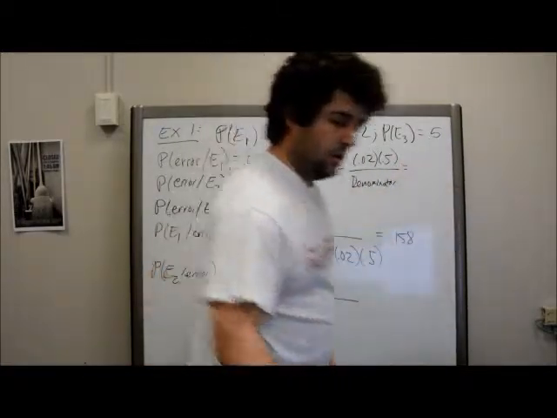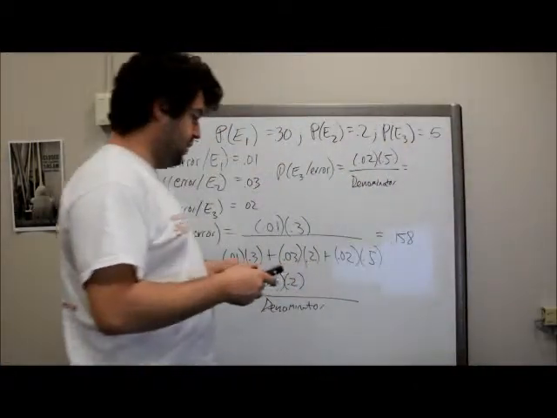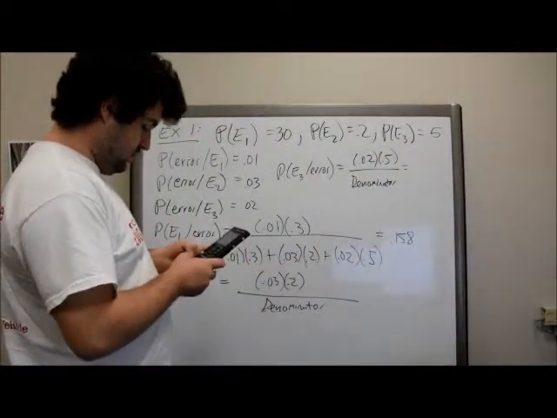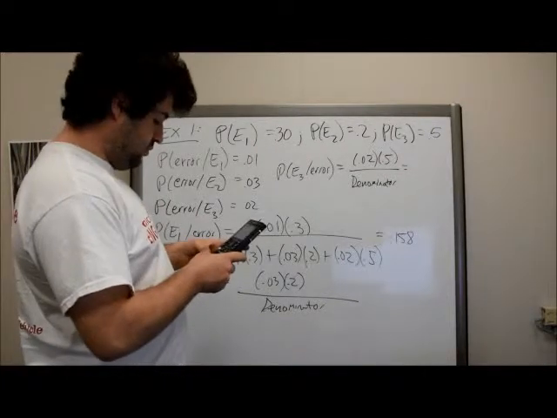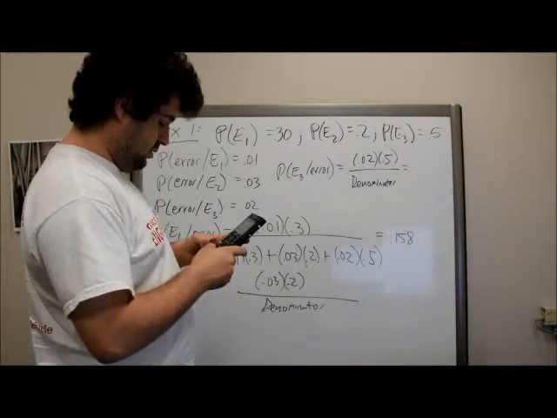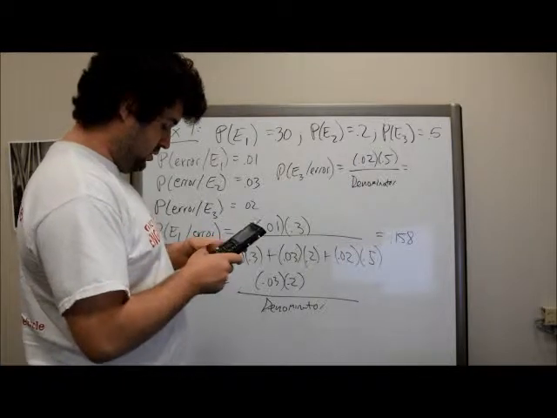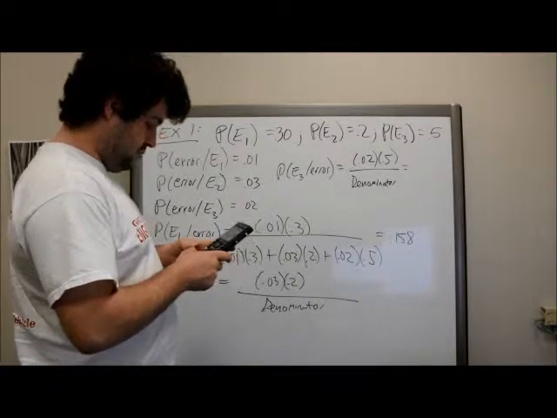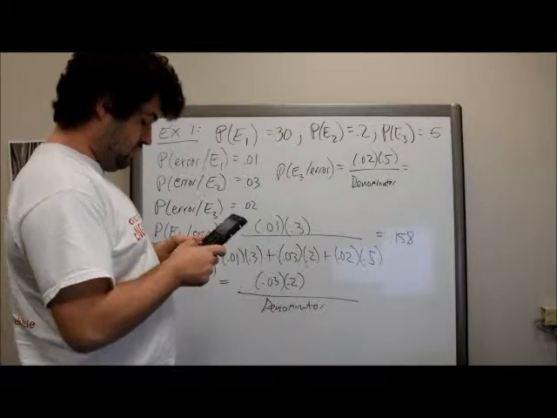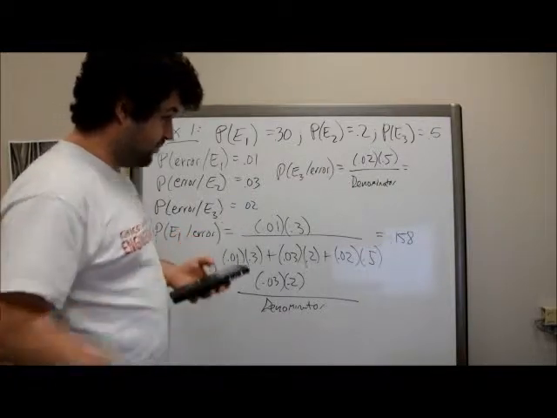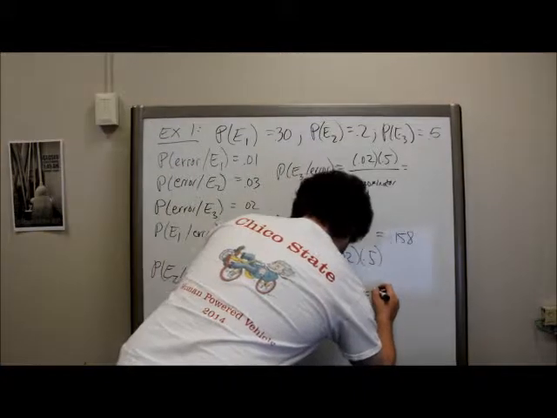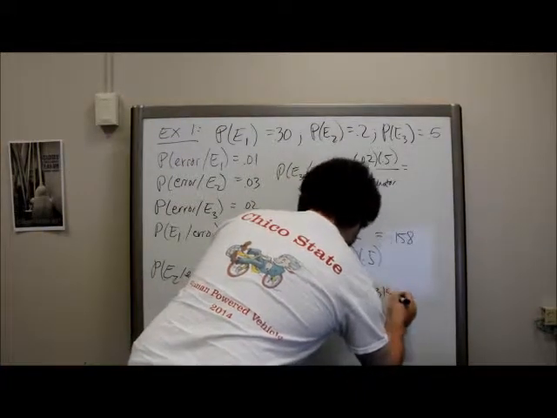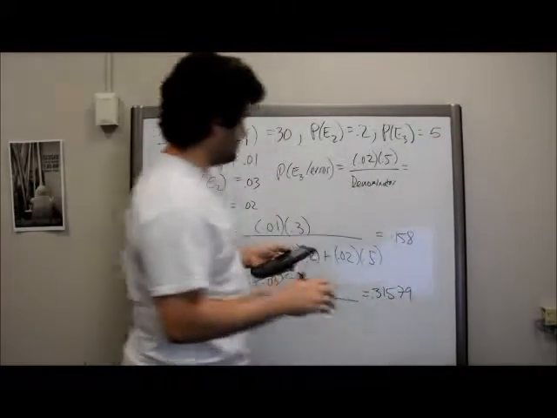Now, both of these are going to give us, for engineer 2, 0.31579.